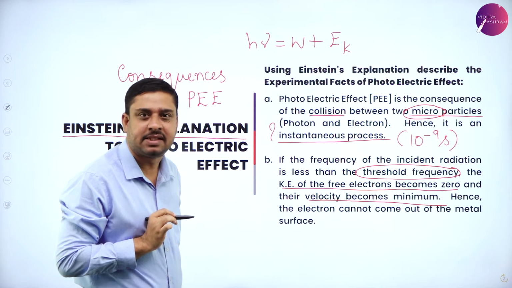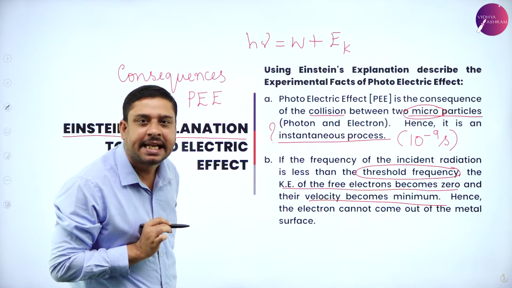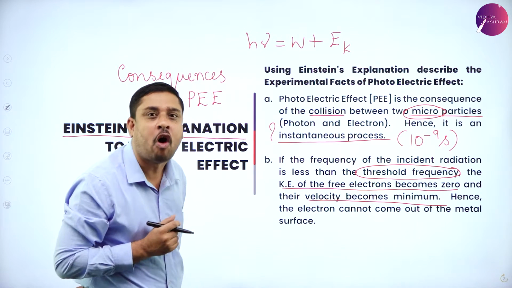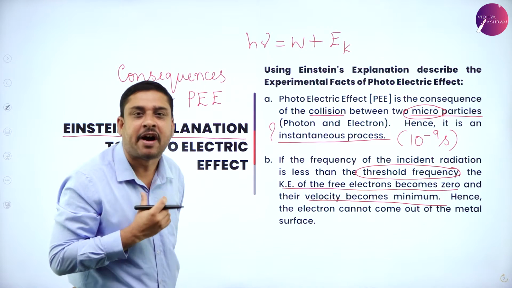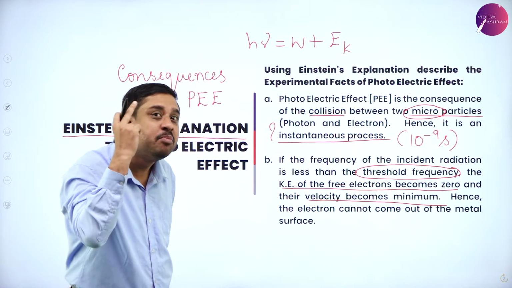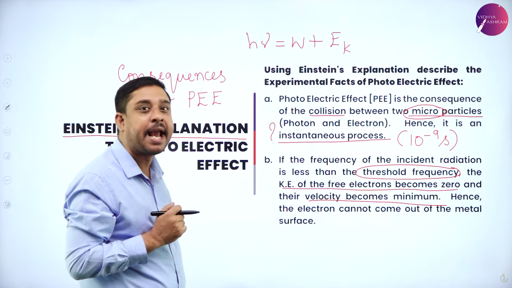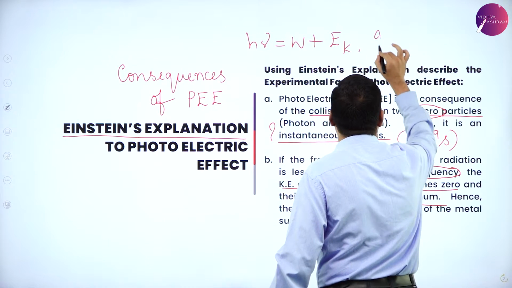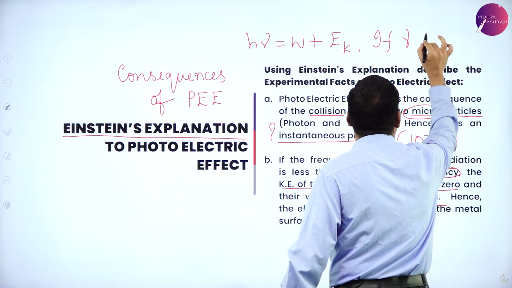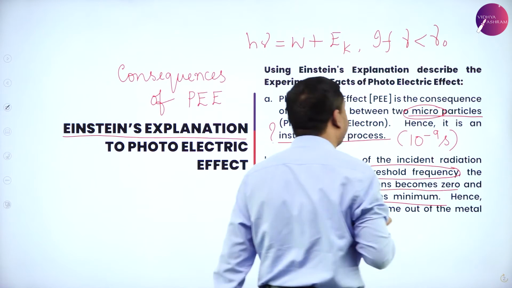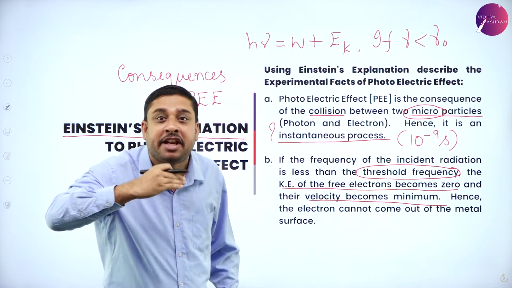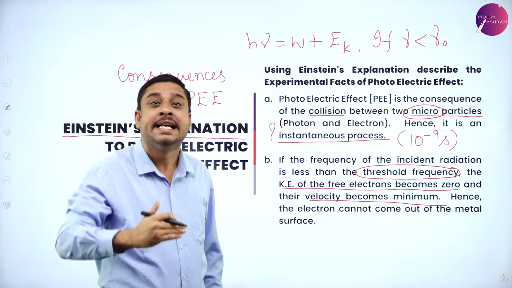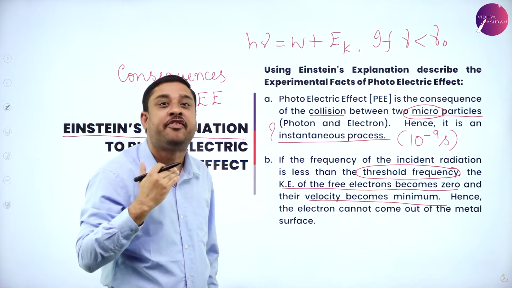This was Einstein's photoelectric equation. Energy of the photon is equal to work function plus maximum kinetic energy. Now follow, students. If nu is less than nu naught, what happens? Frequency of the incident radiation is less than threshold frequency.